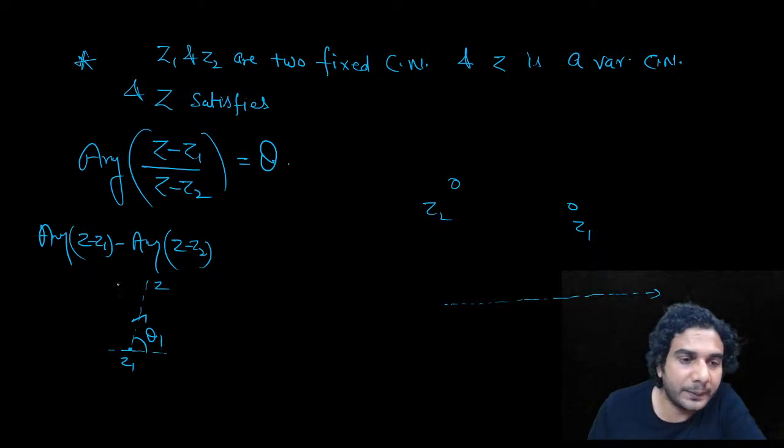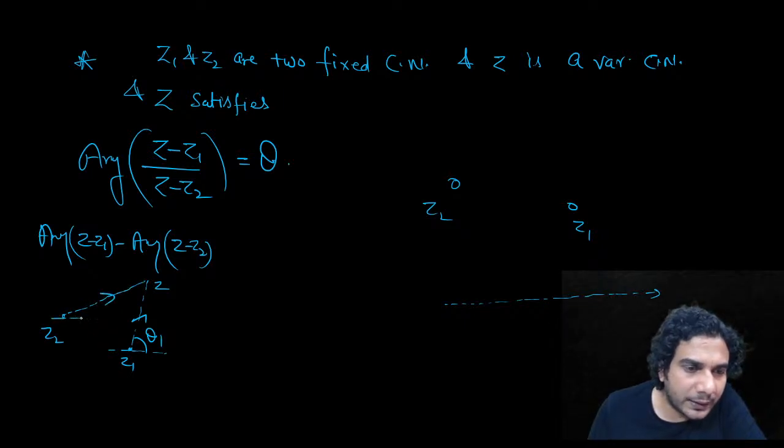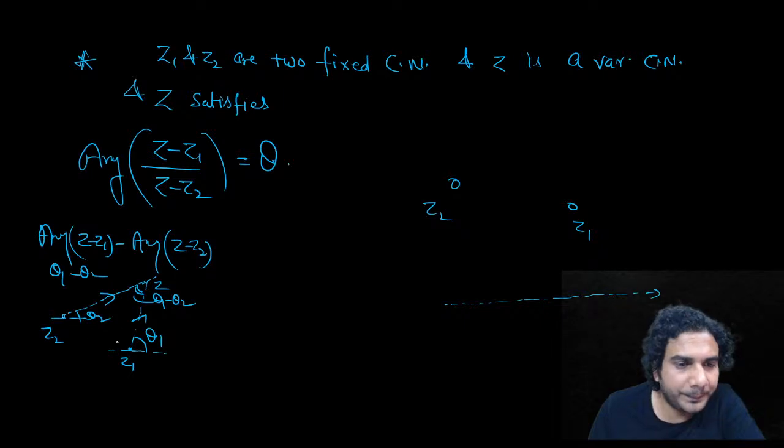This angle is say theta 1, and this is Z2. So Z minus Z2 is basically this angle, theta 2. So this is nothing but theta 1 minus theta 2, right? If you complete this triangle, you can see this angle is going to be theta 1 minus theta 2, all right?